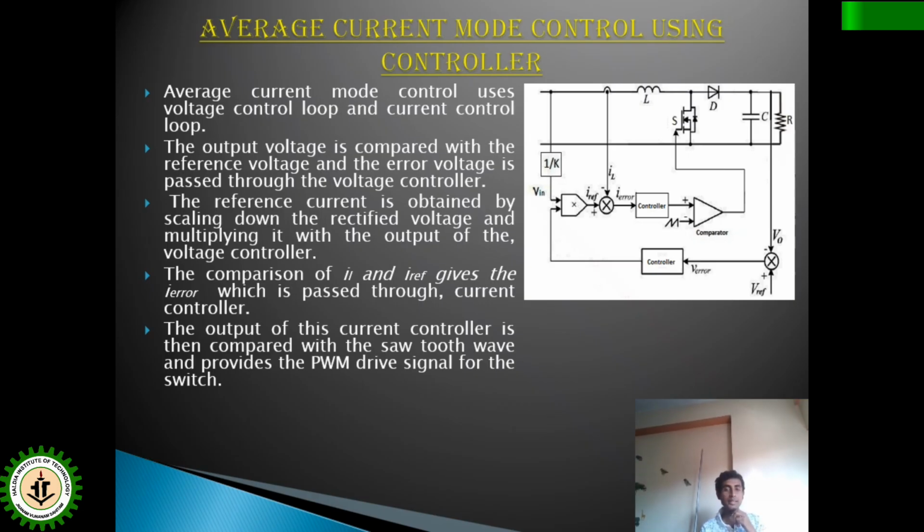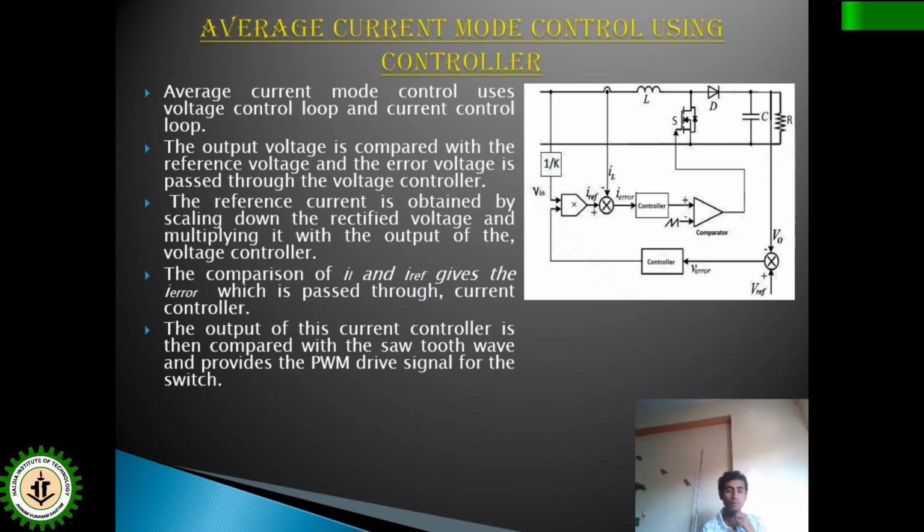Now, as discussed, if we follow this process, then the power factor will improve by a lot, because the input current will also follow a sinusoidal pattern. The only slight problem is that the inductor current has small ripples, because when the switch is on, inductor current will increase.